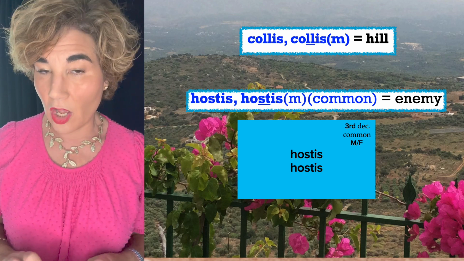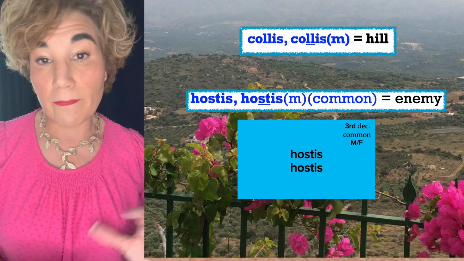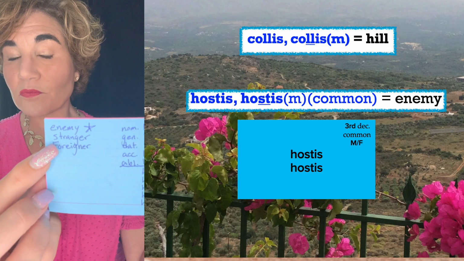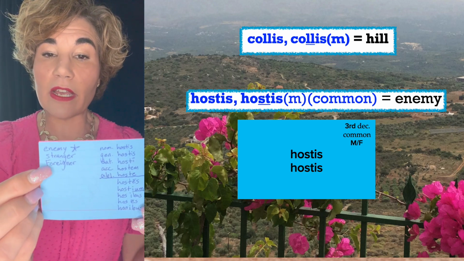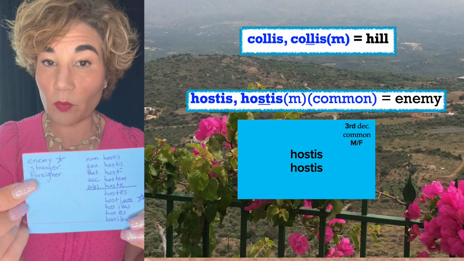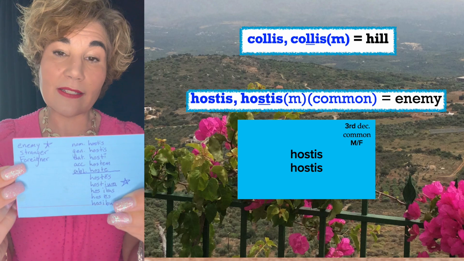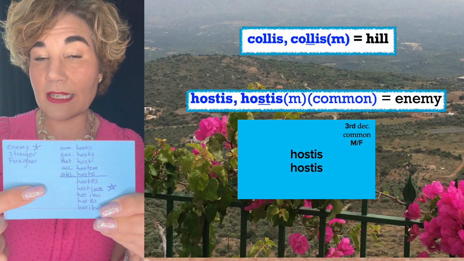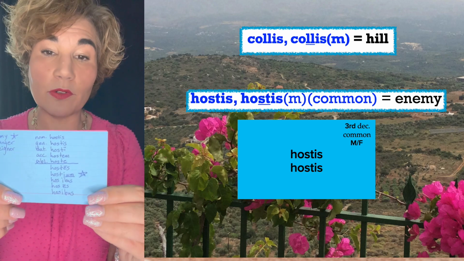When it says common, the word can be applied to feminine or masculine. That is because this means enemy, stranger, or foreigner. Let's say you have a group of foreign women all traveling together. You would use this in the feminine form. But the Henley textbook only uses this in the masculine and means enemy. So that's why mine is on a blue card.